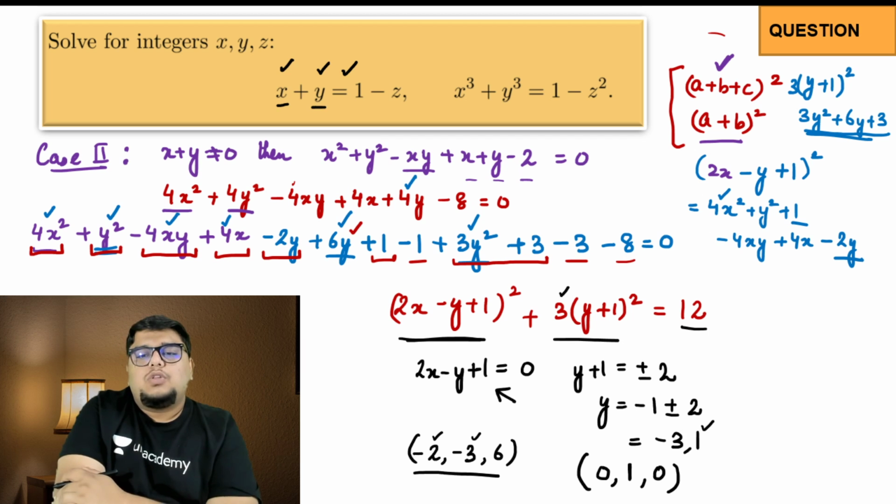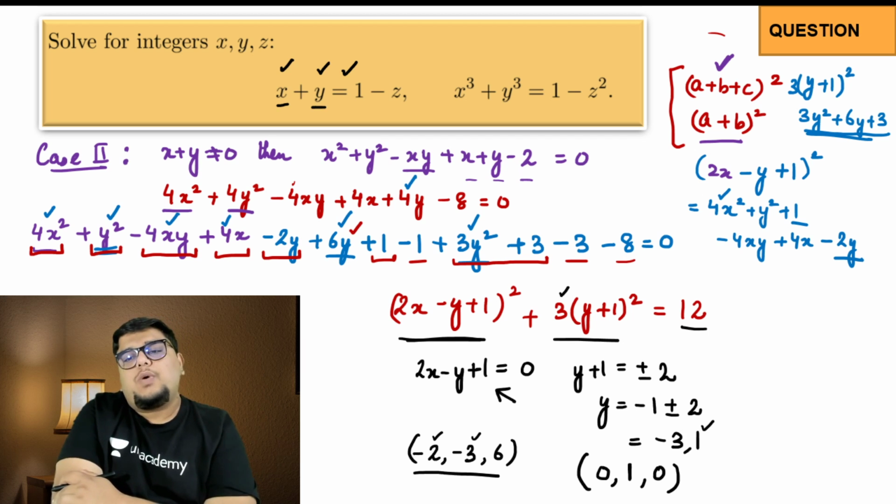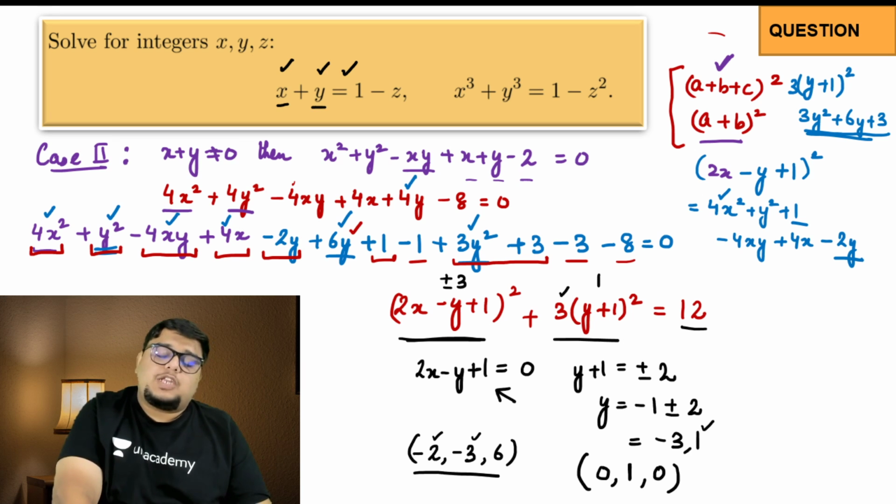Let's check. The square of something plus 3 times square of something is equal to 12. The other possibility could be that this could be plus minus 3. Its square will be 9, and let's say this is plus minus 1. Right? Let me just write that on the next screen.